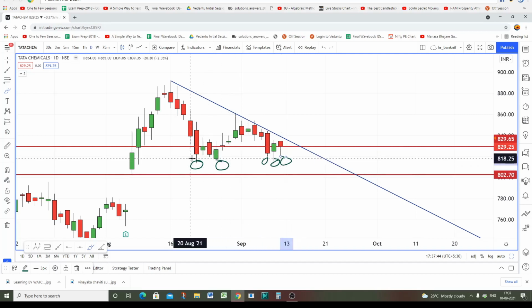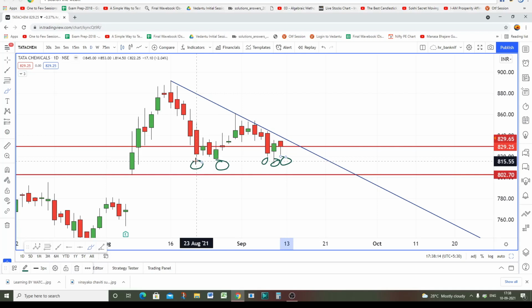That means it is not showing any interest to move below this, so it acts like a good support. And if the stock comes down, it has to take the best support at 802. But from this chart analysis, I understand that this stock is getting rejected at these low levels and tending to move in the upside direction.